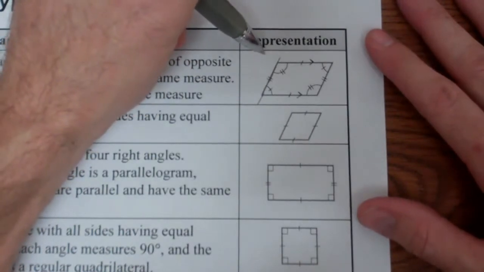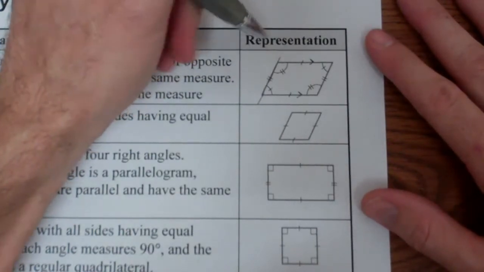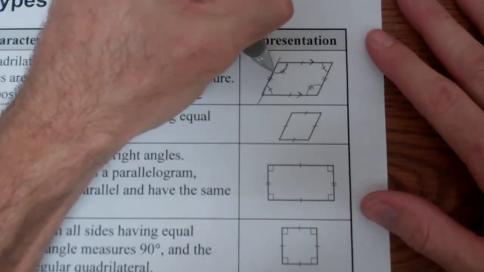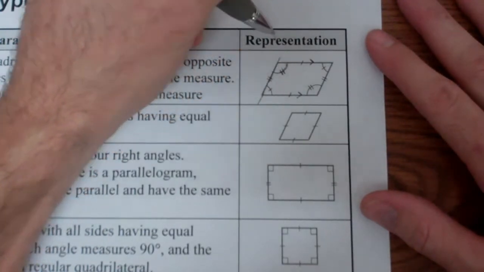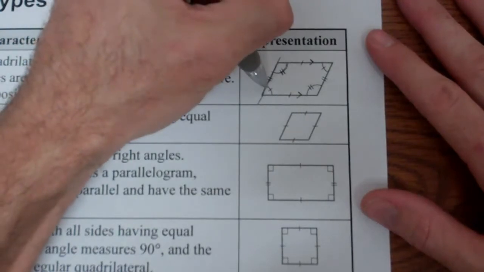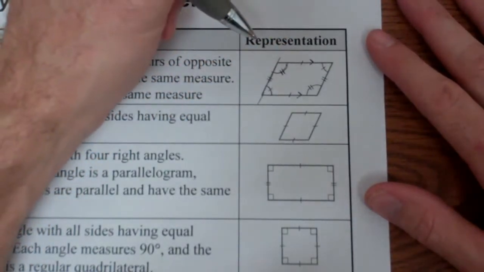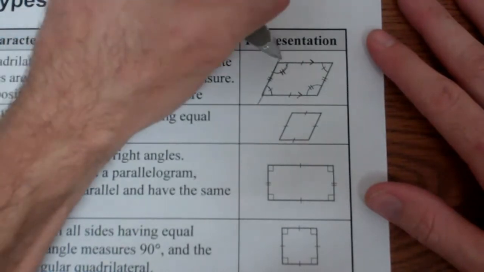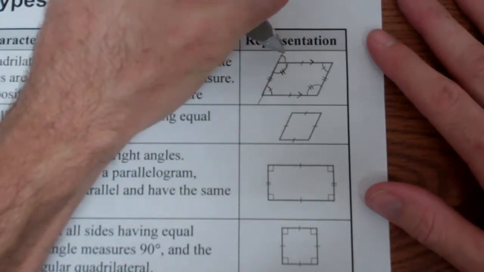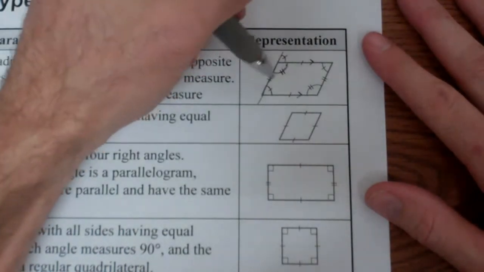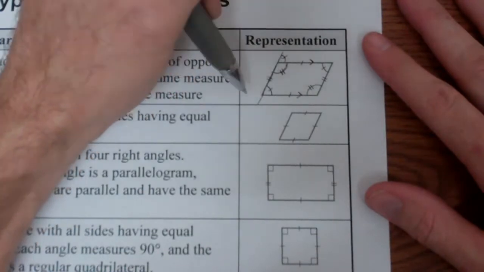And so because this is a transversal, these angles right here are going to create corresponding interior angles that add up to 180 degrees. So these guys are the same, so these guys are supplementary.